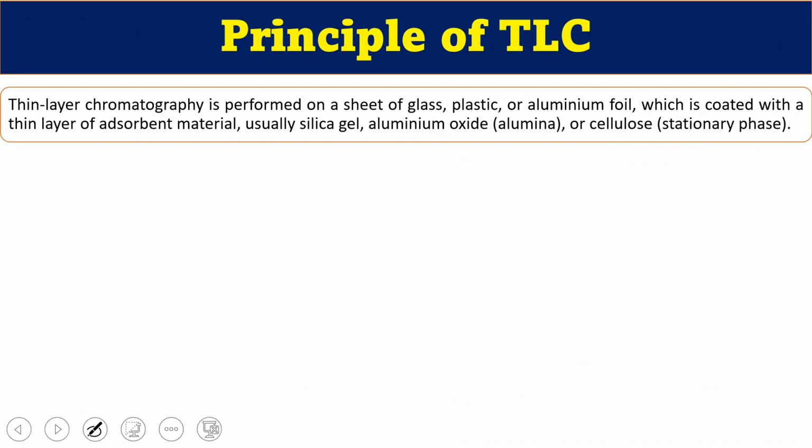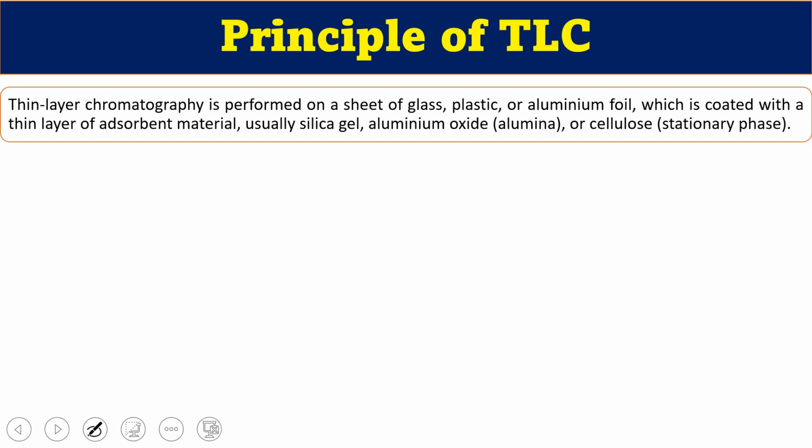The compound in the mobile phase moves over the surface of the stationary phase. The movement occurs in such a way that the compound which has high affinity to the stationary phase moves slowly, and the one with less affinity to the stationary phase moves a little faster.